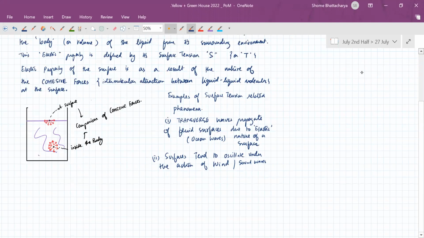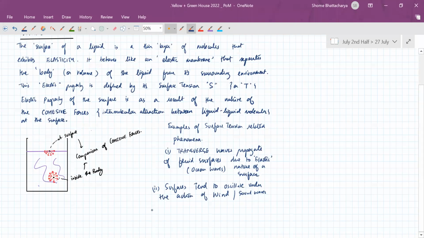Another example of the action of surface tension is that insects walk on water surfaces without any portion of their body submerged.